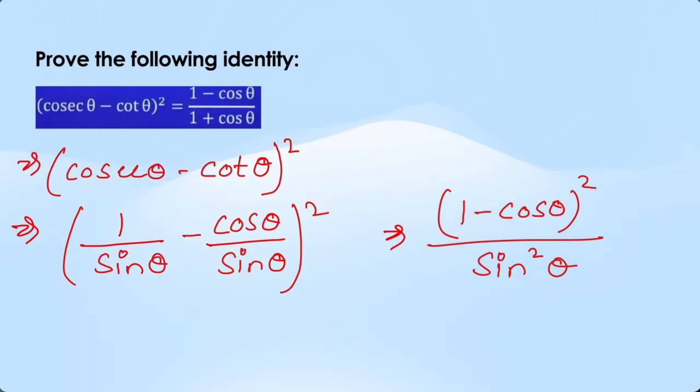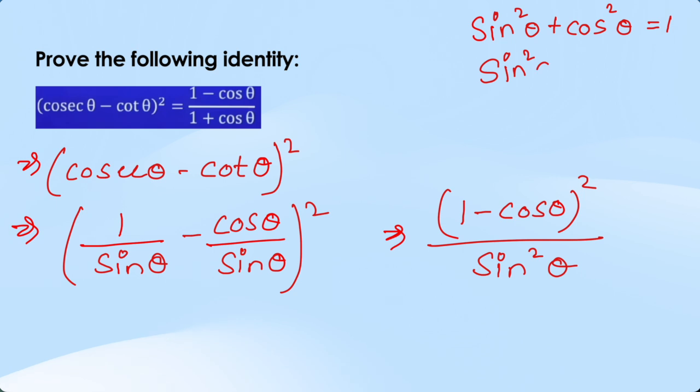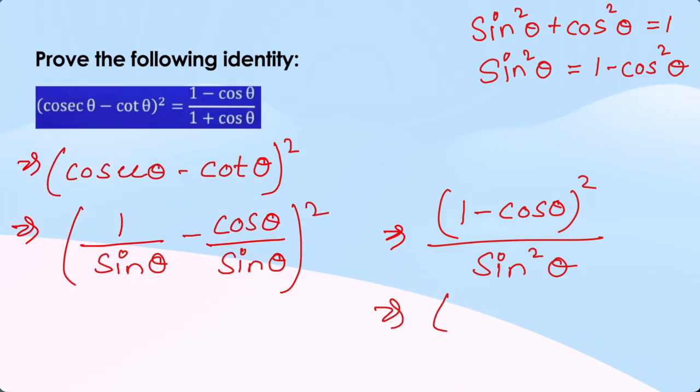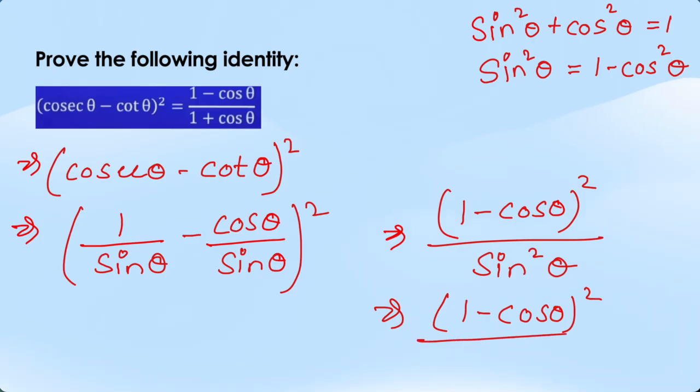In place of sin square theta, what we can put? I know sin square theta plus cos square theta is 1. So in place of sin square theta, we can put 1 minus cos square theta. Okay. So it will become 1 minus cos theta the whole square divided by 1 minus cos square theta.